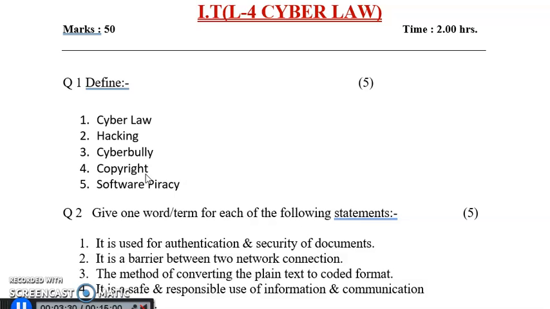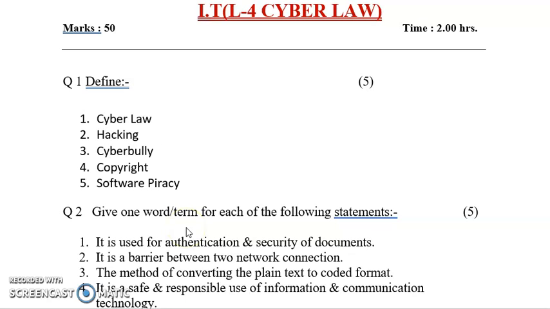But still, such type of software are stolen, they are copied and they are distributed here and there. Such type of activity is called software piracy. So software piracy is nothing but stealing the software illegally and distributing the copies of it and making your own profit.